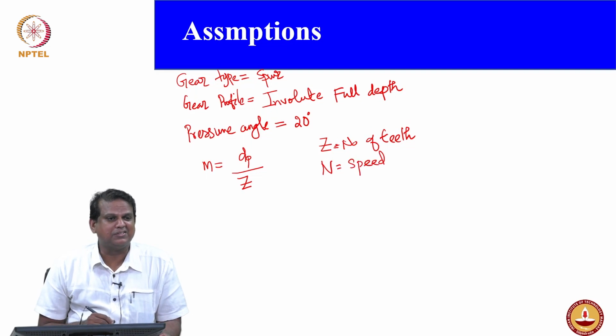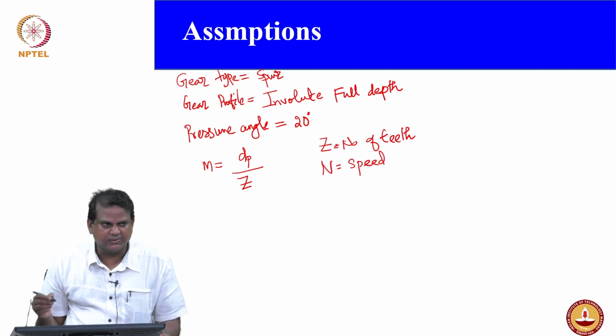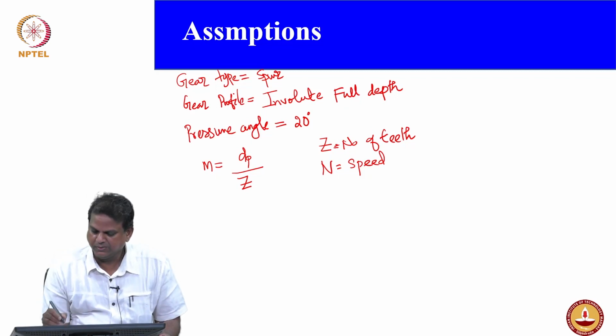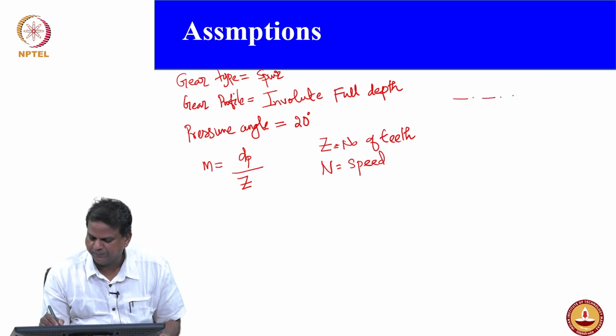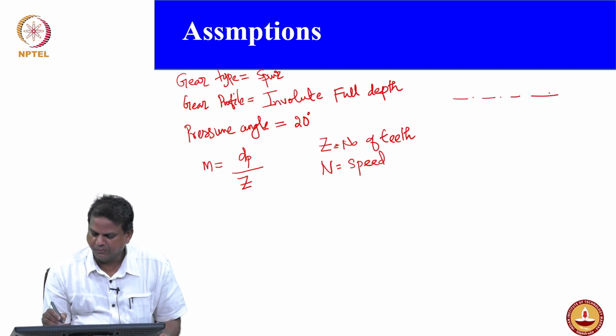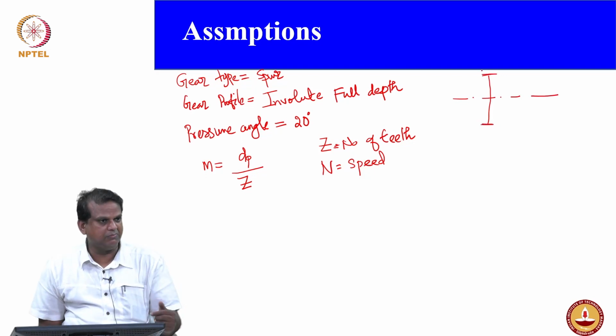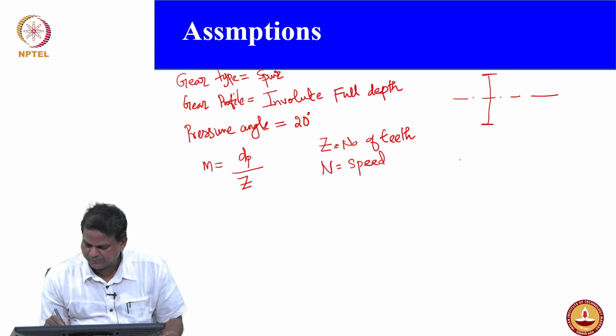How about the center distance? In a gearbox we always use what is called a line diagram. Assuming this is the shaft, one gear is here, meshing with another gear. Then we need one more shaft for the meshing aspect, so this would be meshed with another gear.